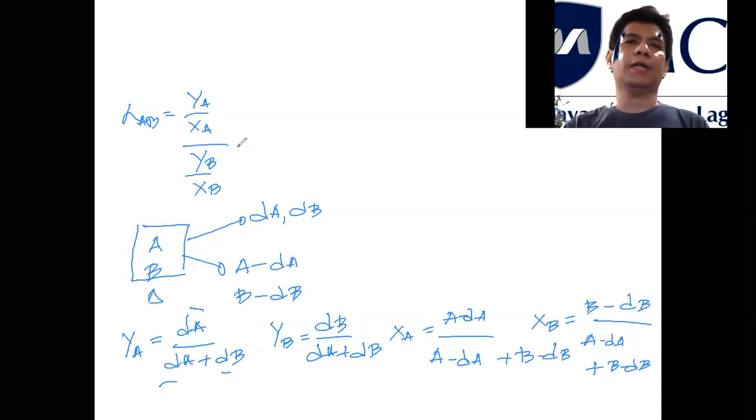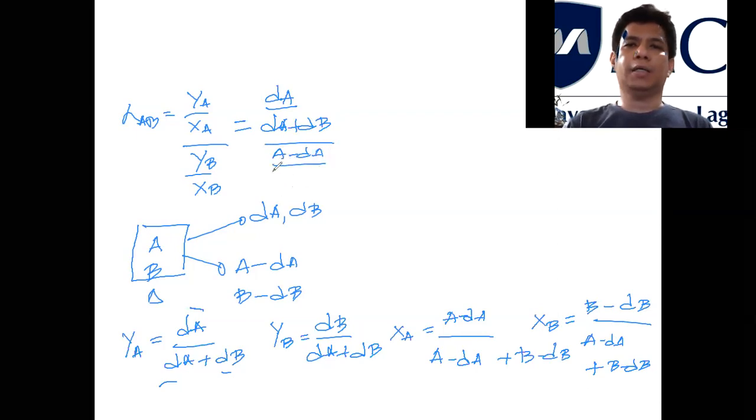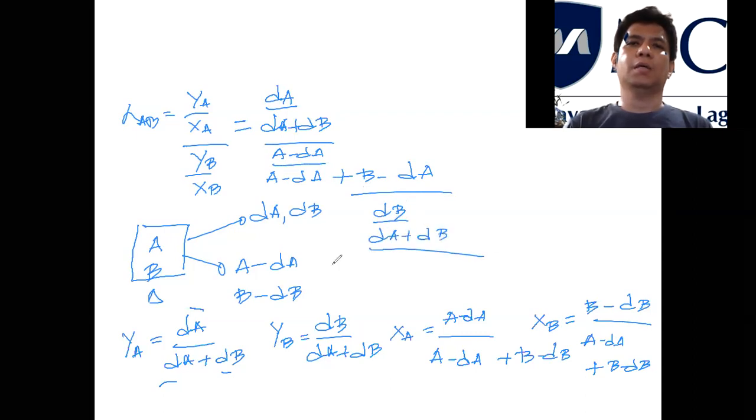Okay, and then we substitute it right here. So y sub A is dA over D sub A plus D sub B divided by XA, this one, A minus D sub A divided by A minus D sub A plus B minus D sub B. Tapos, YB is DB over D sub A plus D sub B. Tapos ito na, XB.